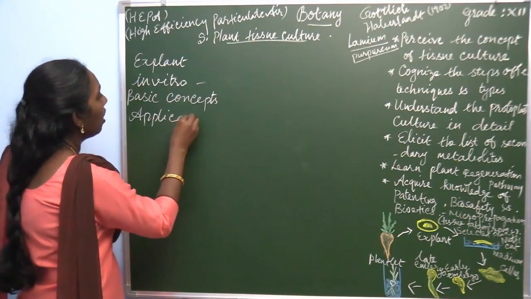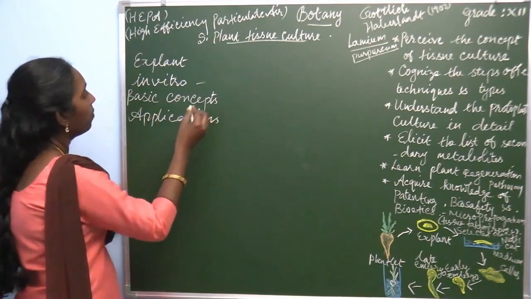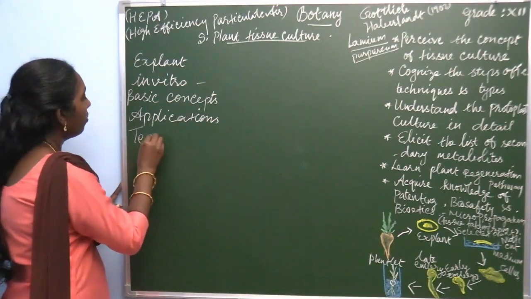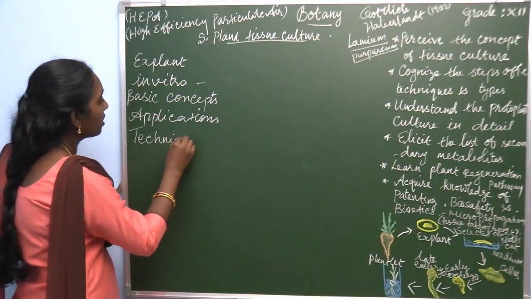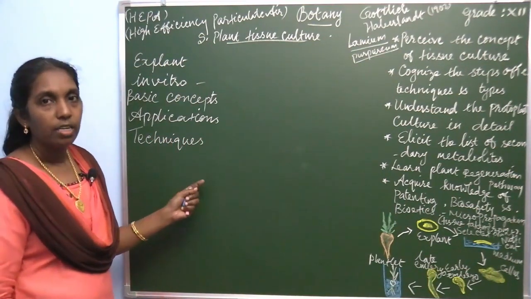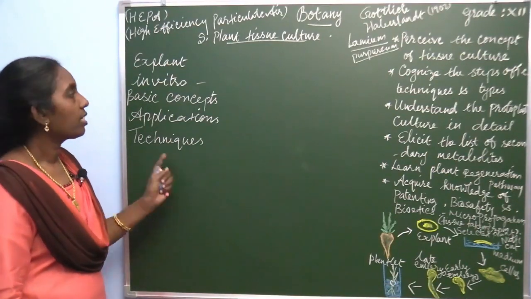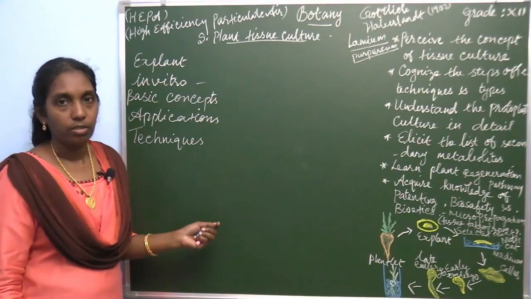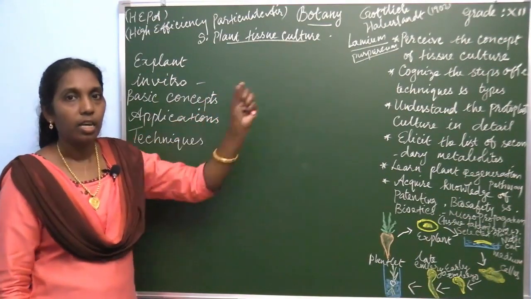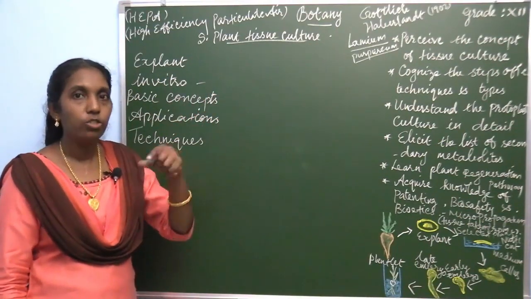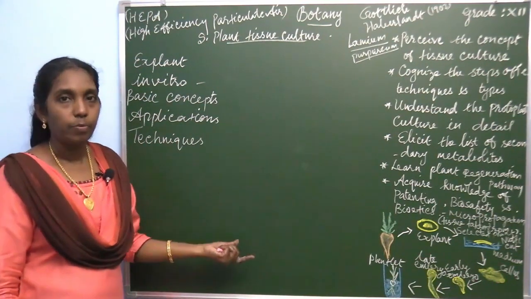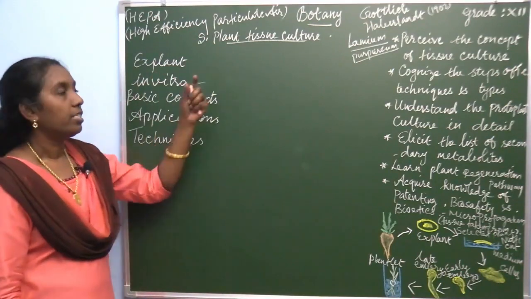What are the applications of plant tissue culture and the techniques involved in it, the history, types, techniques, applications and ethics, you are going to learn today. So first write about what is meant by plant tissue culture. A single cell has the ability to develop into an entire organism under aseptic condition, is called plant tissue culture.